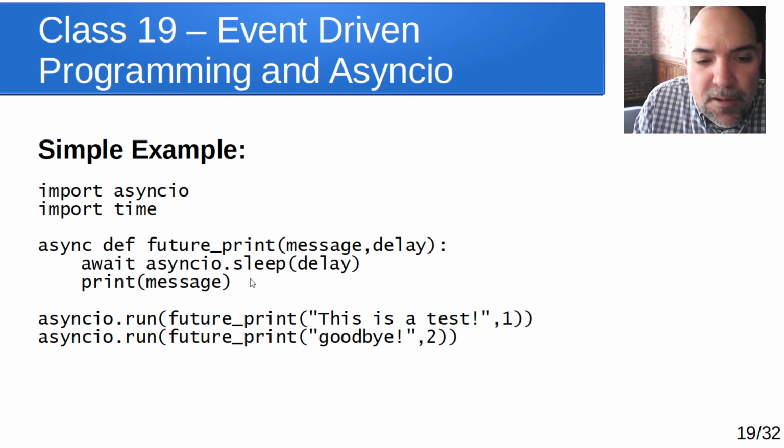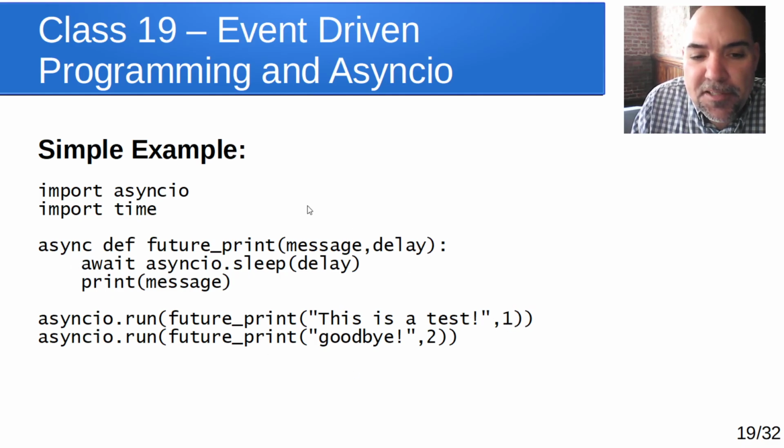So this is going to pause the execution for a certain amount of time, and then after that amount of time is done, we're going to have the message get printed. So this is like printing in some amount of time into the future. And notice we pass in the message we want printed, we pass in the delay of how long we want before it gets printed. So now we do an asyncio.run, and we're calling the future print function, which since that's an async function we're allowed to do, we pass the stuff to it.